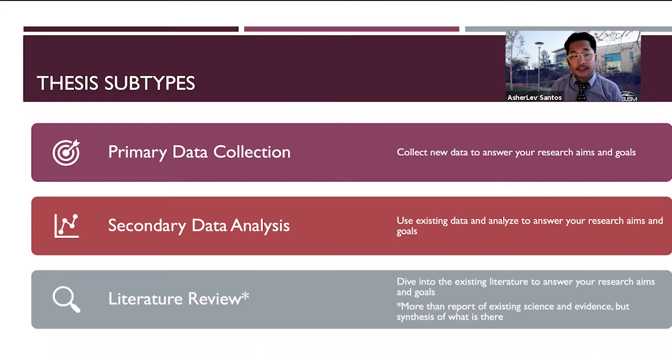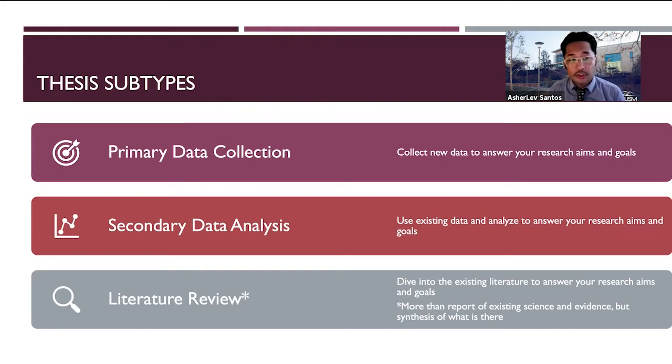Secondary data analysis is still analysis to answer your research aims and goals, but the data already exists. So there might be existing databases from the California Department of Public Health, or other databases about national health surveys or COVID data, right? Infection rates by country or by state in the United States.